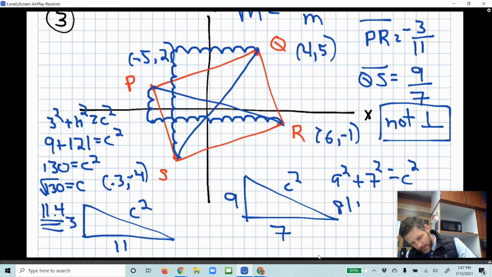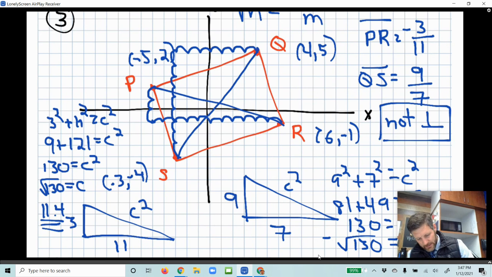So 81 plus 49 equals c squared, which is going to be 50, 50 plus 30. Oh, we get 130. Okay, so c again is the square root of 130, which we now know is approximately 11.4. So yes, they are congruent.